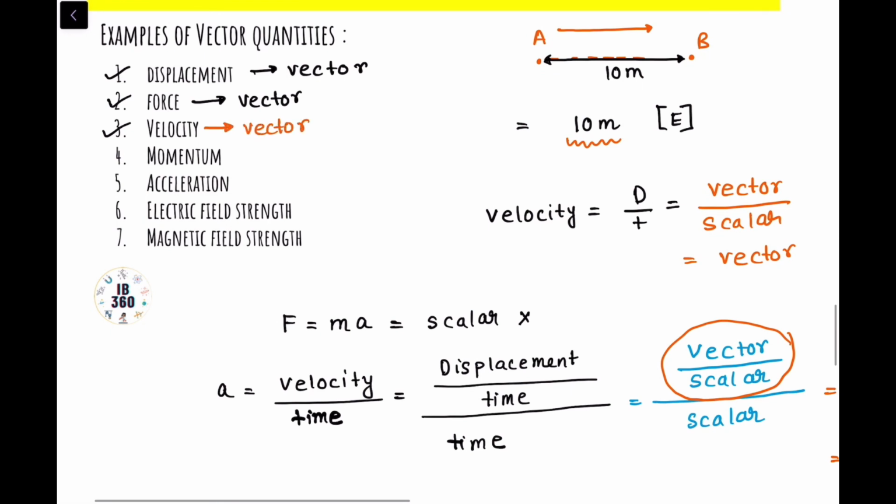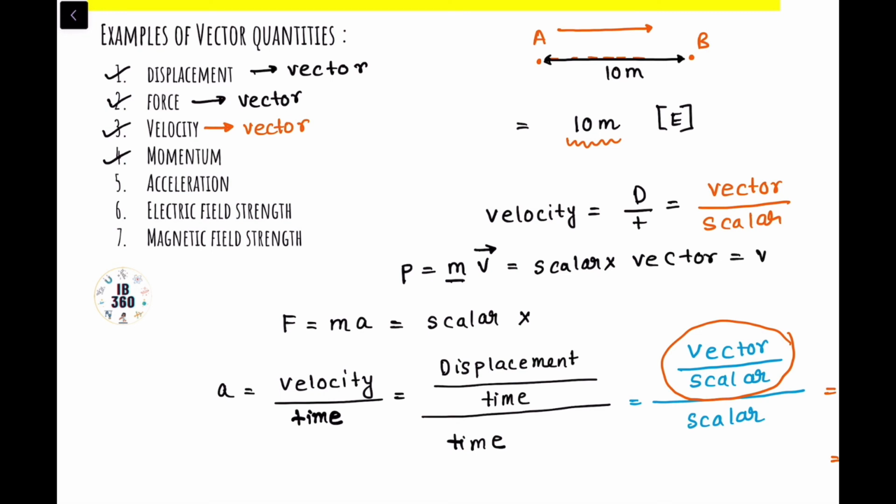You just know displacement and the few scalar quantities, the five we discussed previously, you can calculate anything. Momentum. Momentum is mass into velocity, right? Mass is scalar. And velocity we just derived is a vector. So scalar multiplied by vector will get vector.